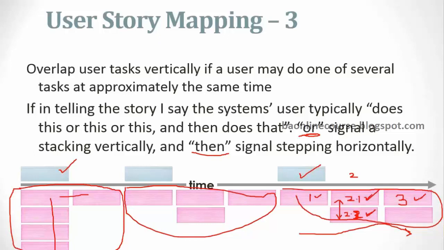Now this receipt can be sent to you by email, let's say, or maybe sent by a hard copy courier. Right? So 3.1 is by email, receipt is sent by email, and 3.2 is by a physical copy. Right? So even 3 can be done in 2 ways.